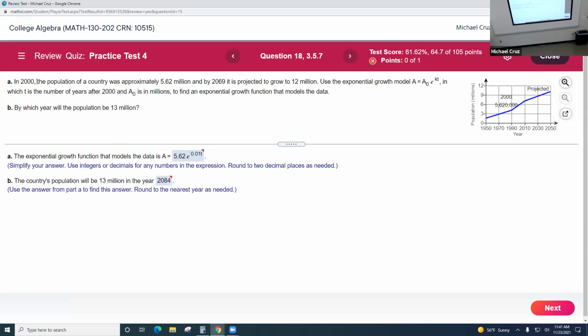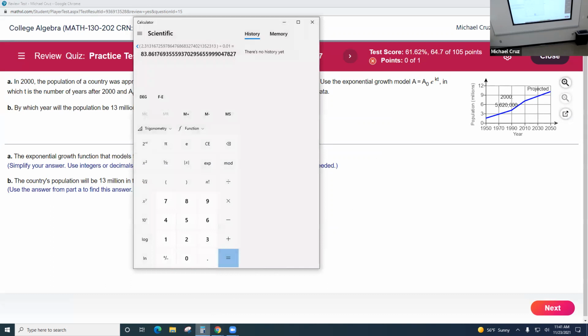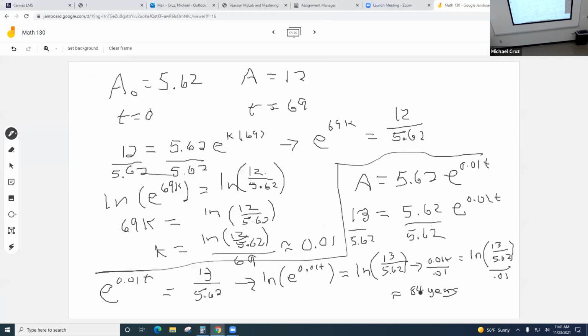So that means adding the 84 to 2000 means 2084.